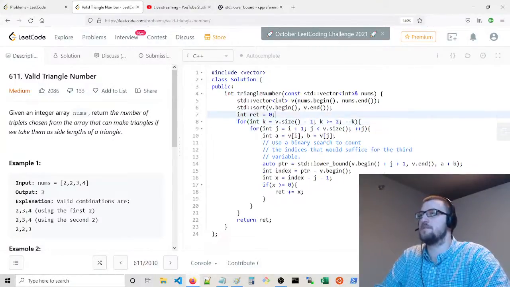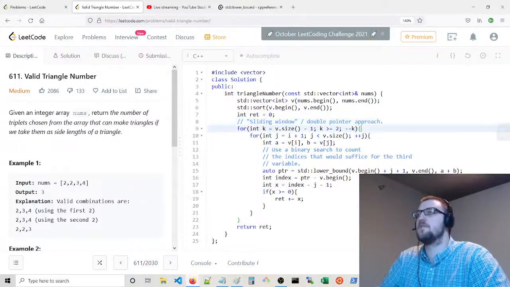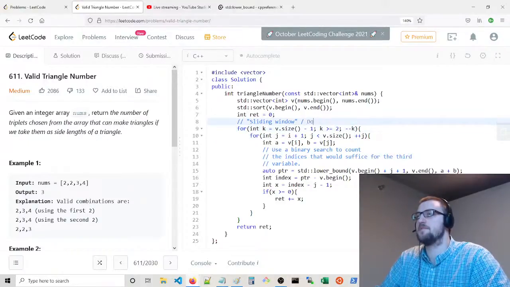We're just going to call it sliding window. Double pointer approach. All right. So let's get rid of. Well, actually, what we'll do. Hold on.